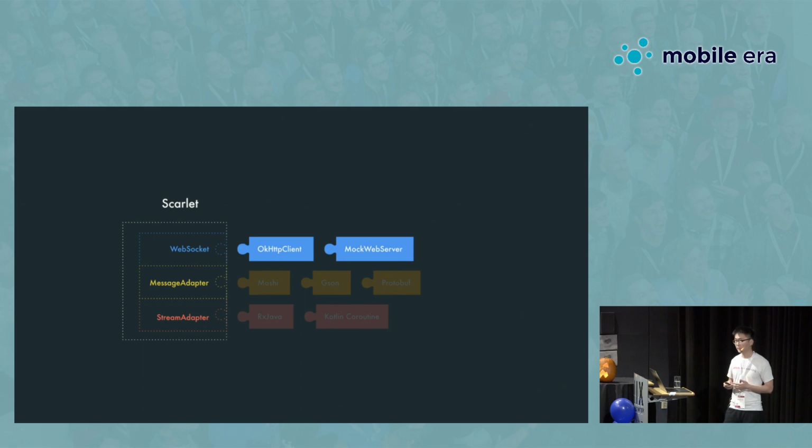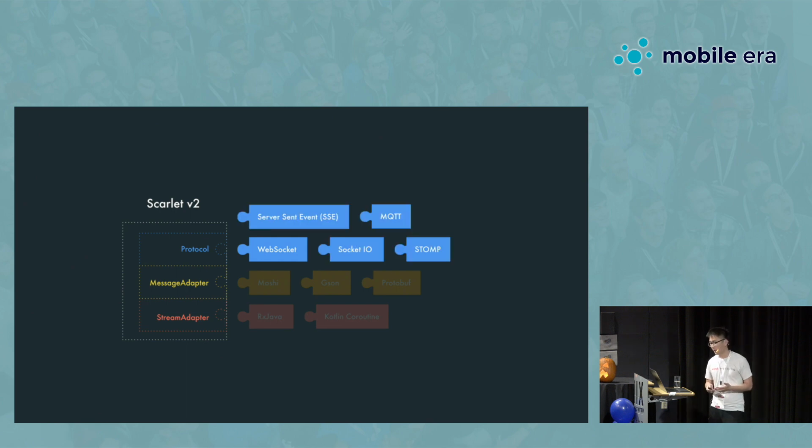We climbed up the ladder of abstraction. We took the WebSocket plugin and turned it into a plugin. By doing so, we were able to support any persistent connection protocols. In addition to WebSocket, we will support server-sent events, Socket.io, Stomp, and MQTT.